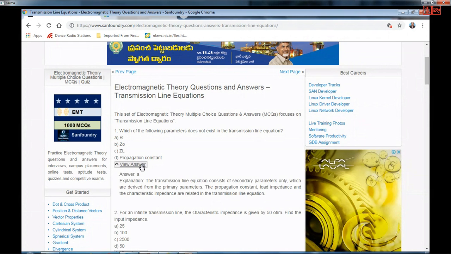Because in the transmission line equation, we normally have the relationships of your Z0 and gamma, they are secondary constants, and is also related to the ZL. So R is a primary constant which doesn't appear directly in the transmission line equation. Okay, so answer is A.